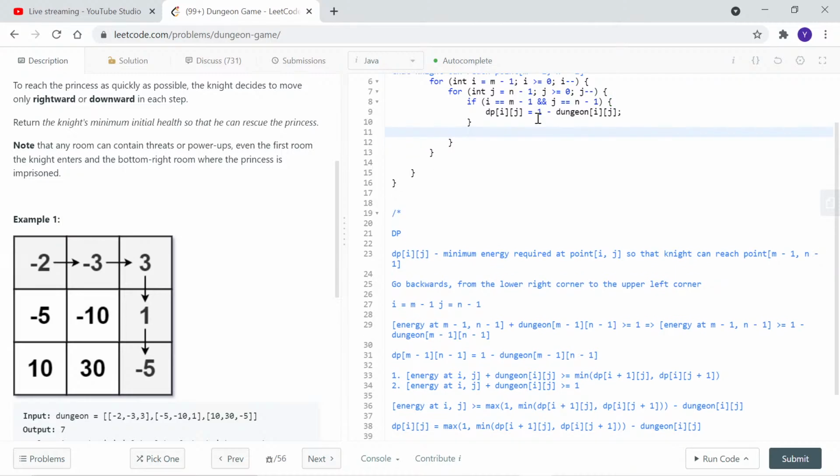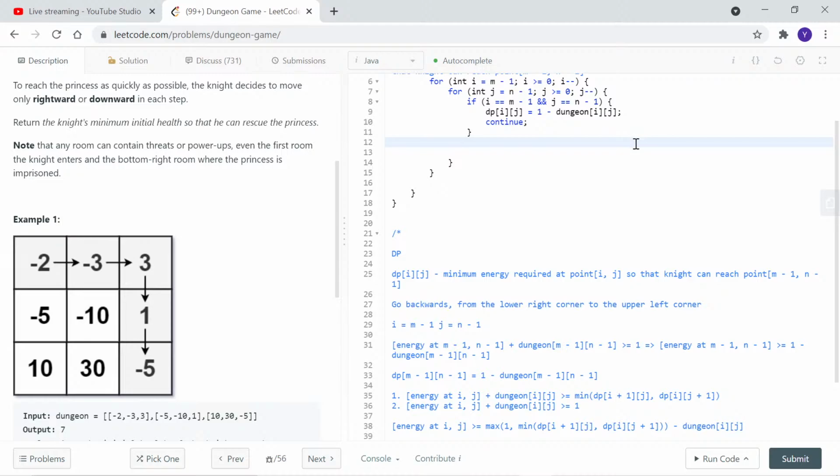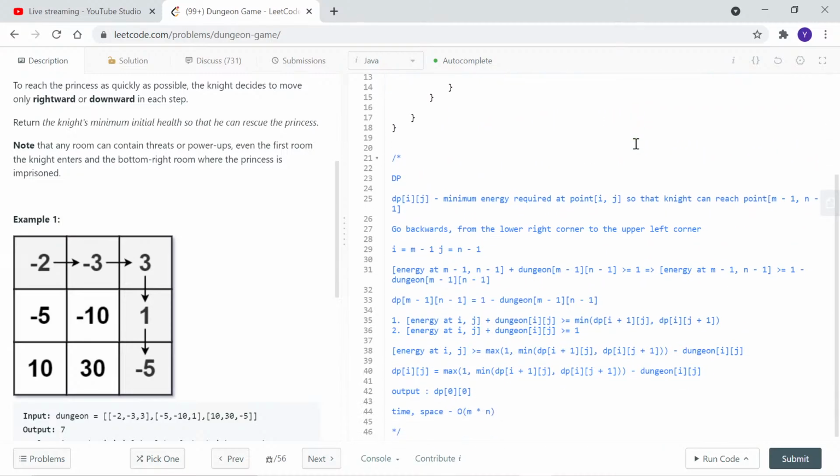Then we don't need to continue the calculation for this special case.